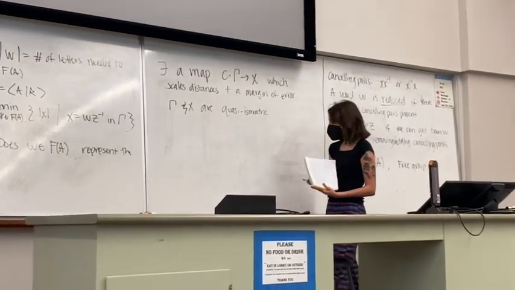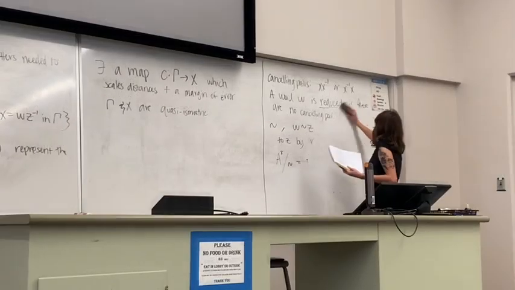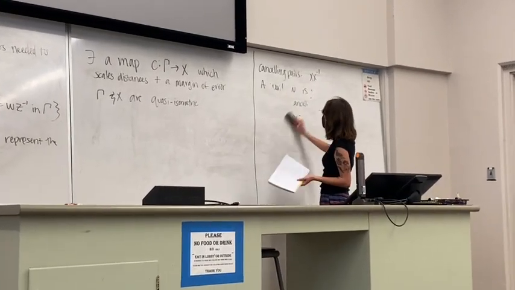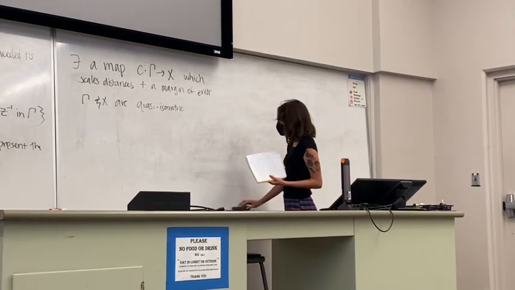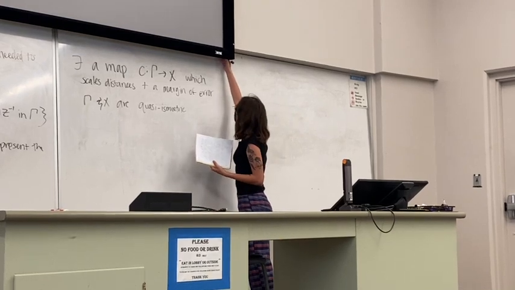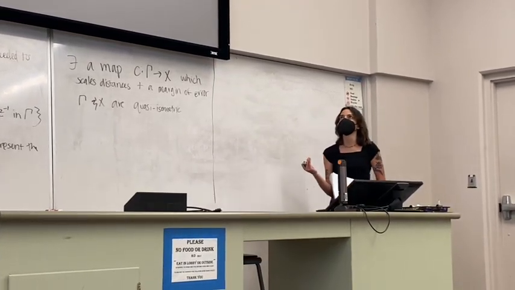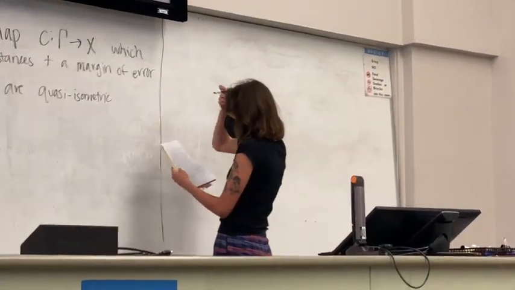And so this result, showing that a group which acts properly, co-compactly, and by isometries on a geodesic space X, was first shown by Schwartz in 1955 and Milnor in 1968.